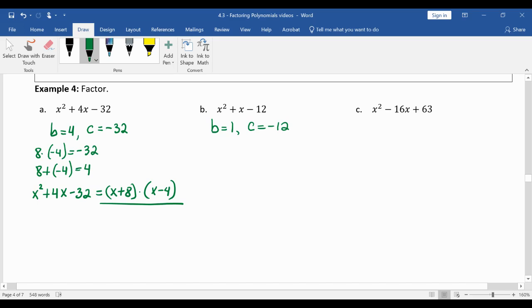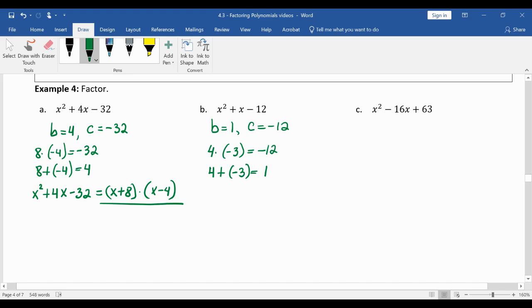Another example, 3 and negative 4. 3 plus negative 4 is negative 1. But if we use 4 and negative 3, we get negative 12, and when we add 4 plus negative 3, we get positive 1.